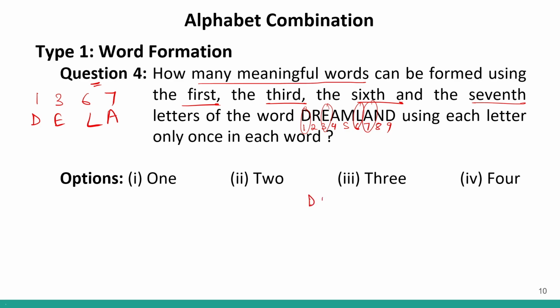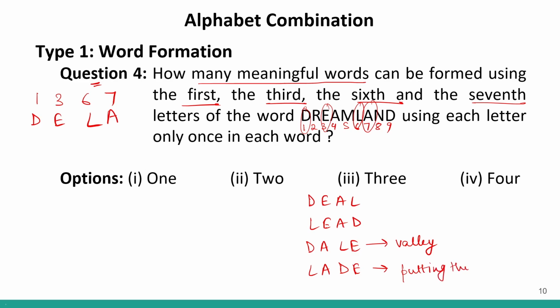So the first I can see is deal, right? We make a deal with people. Then lead. You lead by example, that lead. Then there is a word called dale. Dale means valley, right? And there is also a word called laid. What do you mean by laid? Laid basically means putting things in a cargo or a ship.